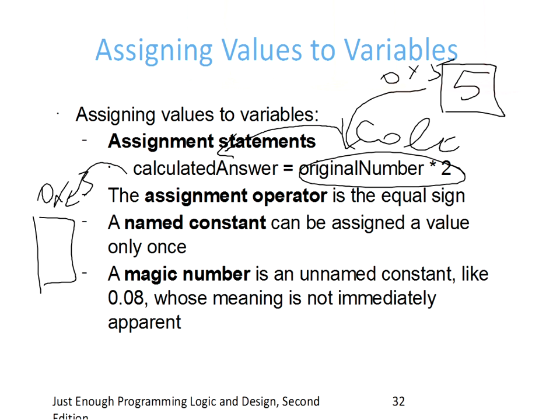We are going to memory address 0x5, and then we're fetching the value from 0x5. What is the value in 0x5? It's 5. So then we are multiplying 5 by 2. So what is it that we are assigning to calculated answer? We are assigning 10 to calculated answer.